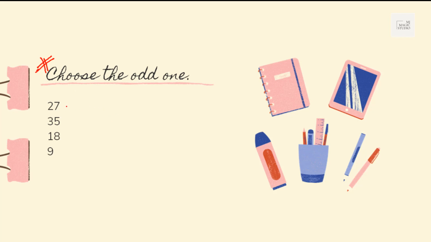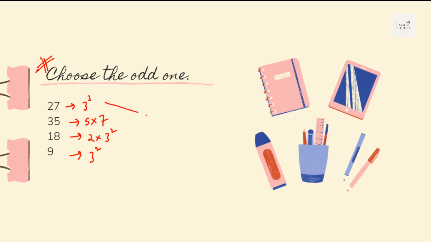So 27 is 3 cube, 35 is 5 into 7, 18 is 2 into 9, and 9 is 3 square.